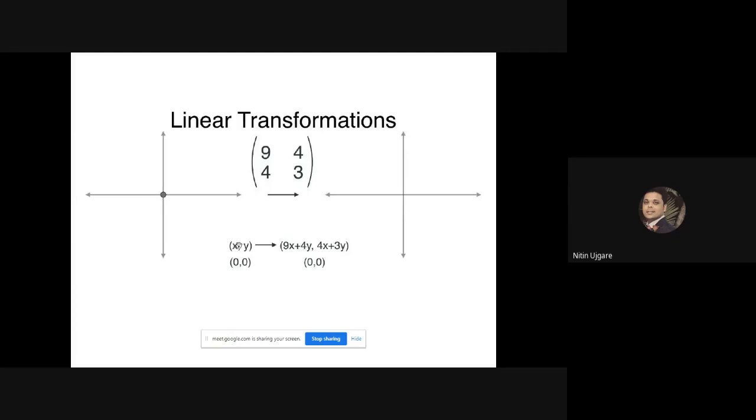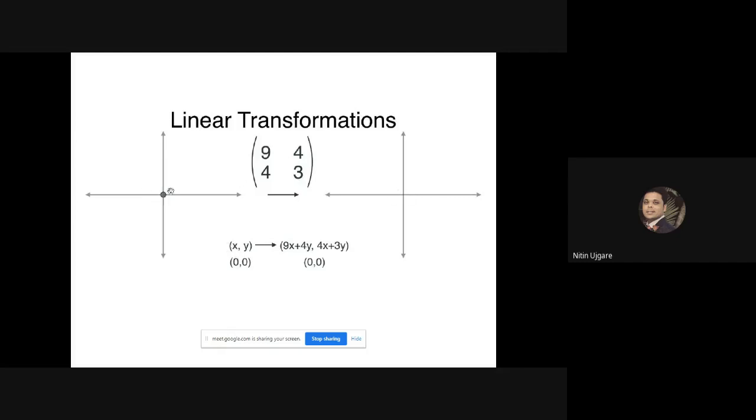So just put the values of x and y into this equation. x is 0, so 9 times 0 is 0, plus 4 times 0 is 0, and 4 times 0 is 0, plus 3 times 0 is 0. So 0, 0 is the new coordinate value for this point on this hyperplane.